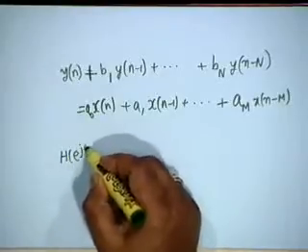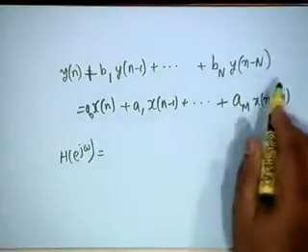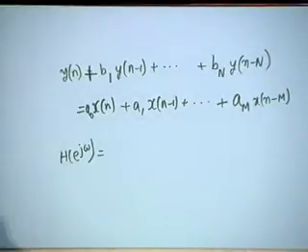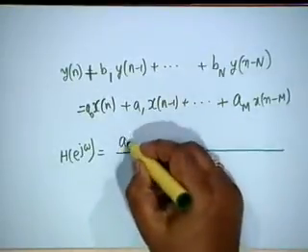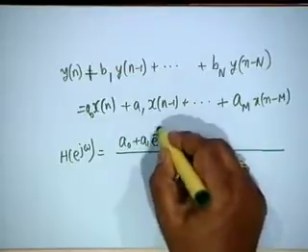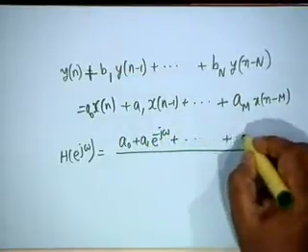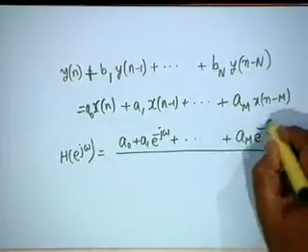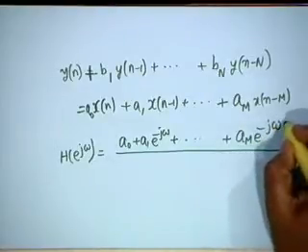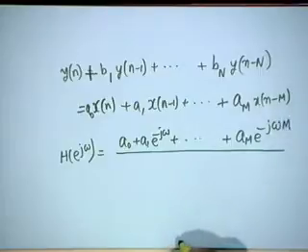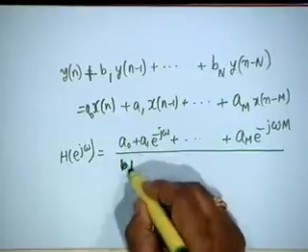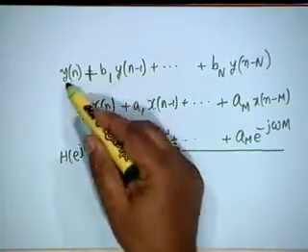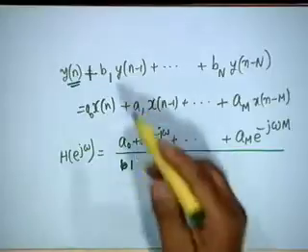And then you can write the frequency response capital H of e to the j omega. If you take the Fourier transform of the left hand side and the Fourier transform of the right hand side, then you can write this as a0 plus a1 e to the minus j omega and so on, plus aM e to the minus j omega M, divided by b0, which is 1. This is a discipline that we have tried to inculcate.